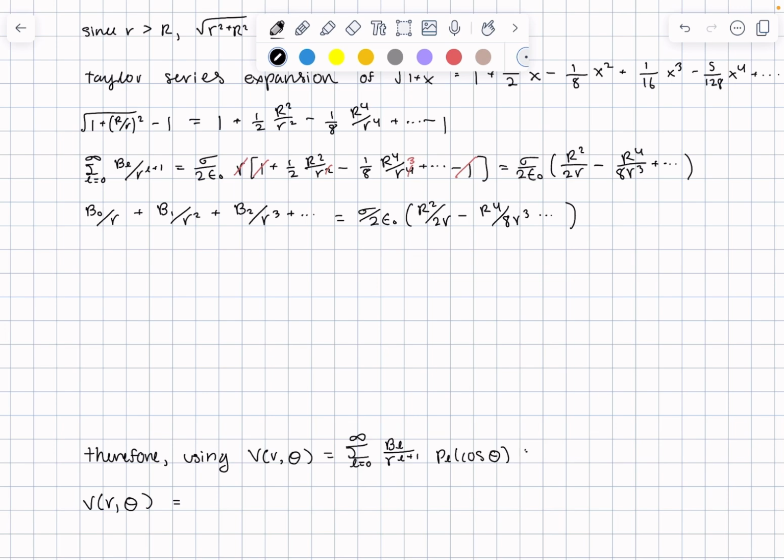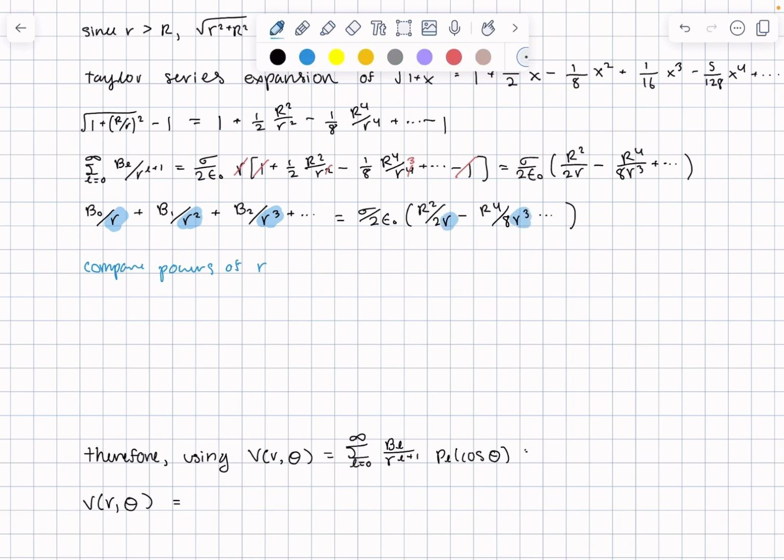And so then, why don't we just compare powers of r? So we can do that by looking here, like this, right?